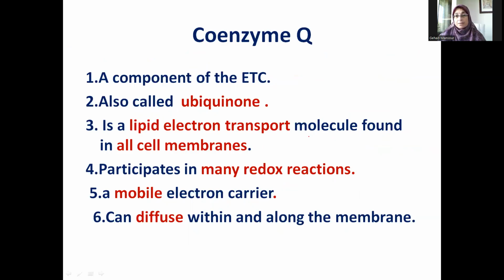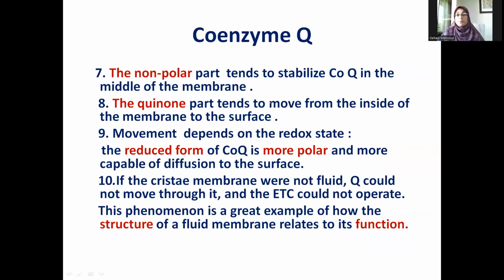another name, which is ubiquinone, and ubiquitous means abundant, and this is because coenzyme Q is present in all cell membranes. It has a nonpolar part, as we said, that tends to stabilize coenzyme Q in the hydrophobic interior of the cell membrane, but it has another quinone part, and that quinone part is the part that can receive the electrons.